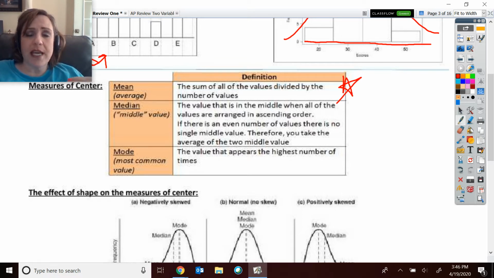Then we can use that mean or that average. Remember when you might want to use the median to demonstrate is a better measure of the center. And that's a better measure of the center if you have a skew to the shape or outliers.